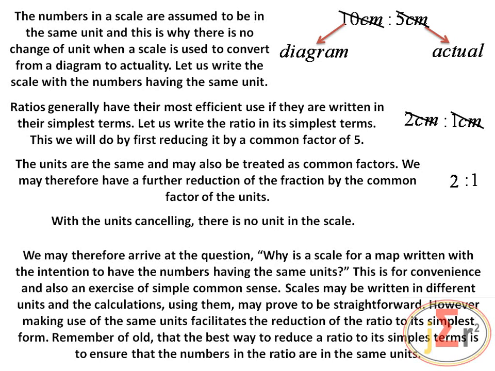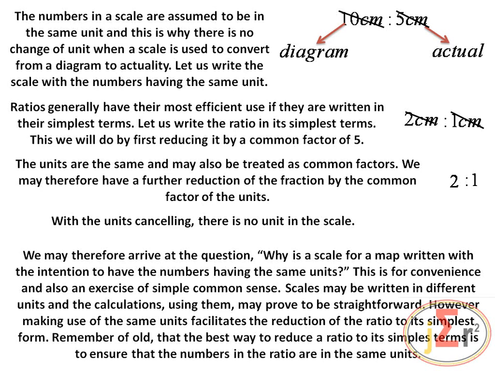So it is not impossible to write a scale using different units and the calculations using them can turn out to still be straightforward. Maybe we will look at that scenario in a subsequent tutorial.